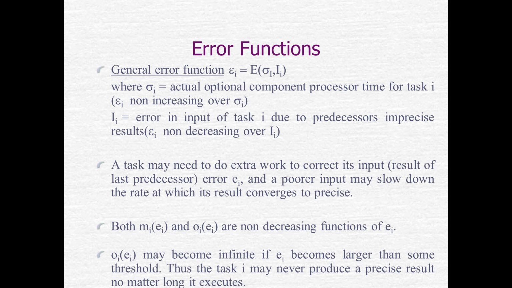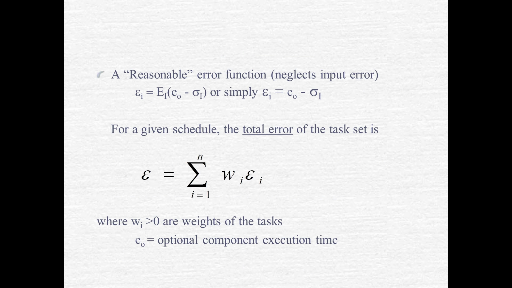Optional error may become infinite if epsilon_i becomes larger than some threshold. Thus, task i may never produce a precise result no matter how long it executes. A reasonable error function neglects input error, or the error is defined simply as the execution time of the optional job minus sigma_i.